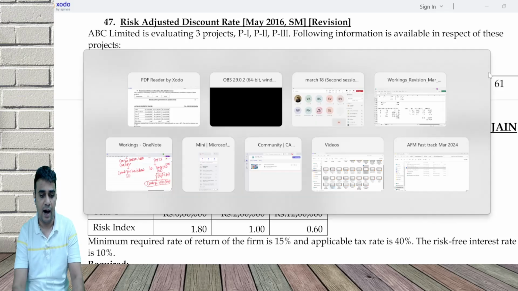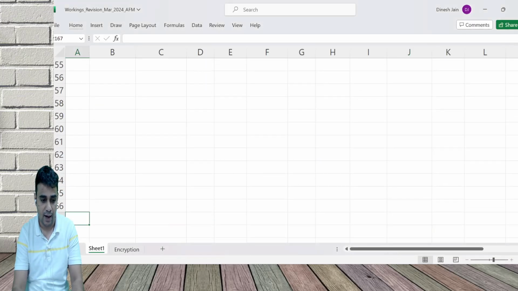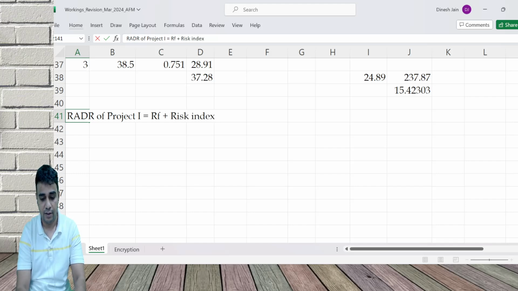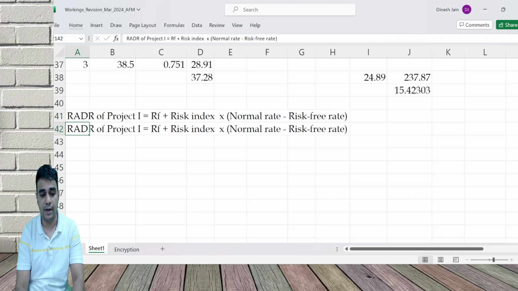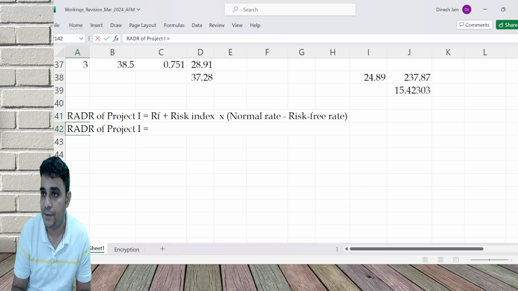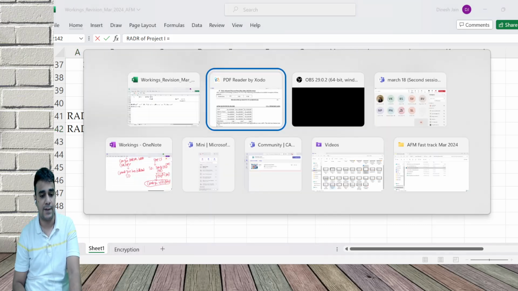Let's start. RADR of project 1 is equal to RF plus risk index into normal rate minus risk free rate. It's nothing but RF plus beta into RM minus RF.